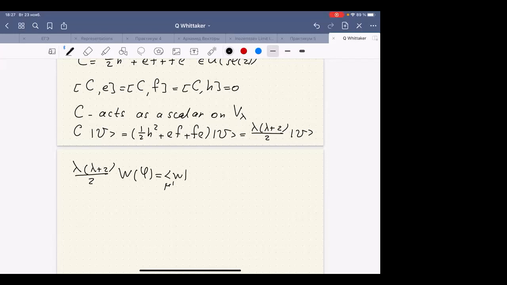first the Whittaker vector, then exponent phi. Insert the Casimir function. Consider such a matrix element.